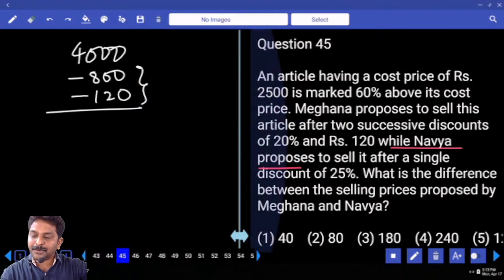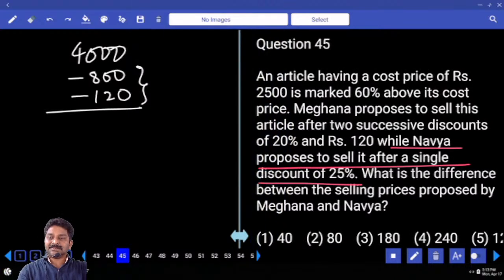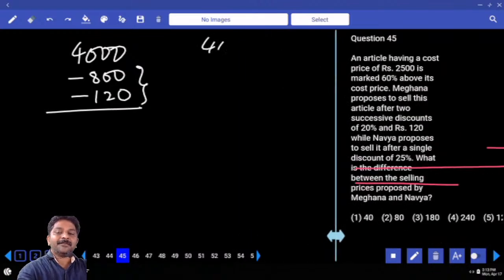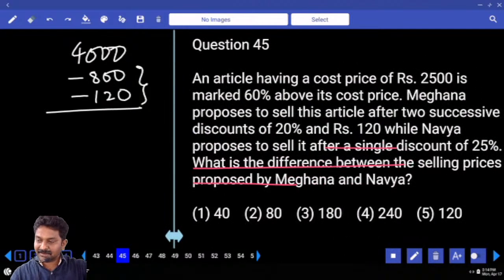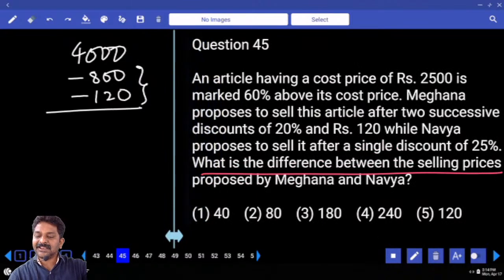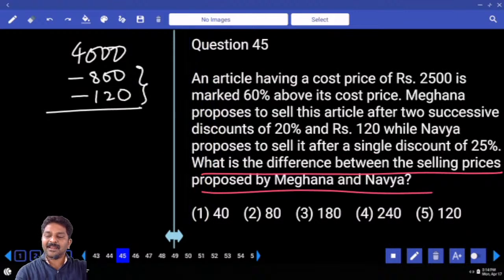While Navya proposes to sell it after a single discount of 25%. So now, if the market price is 4,000, 25% in the sense, the other person is giving 1,000 rupees discount only. What is the difference between the selling price proposed by Meghna and Navya?